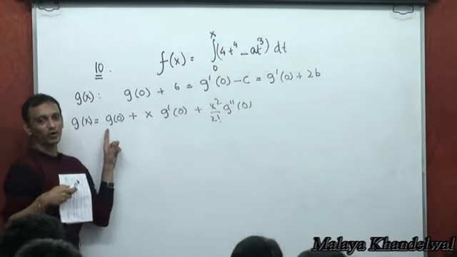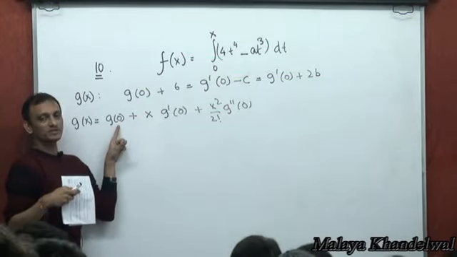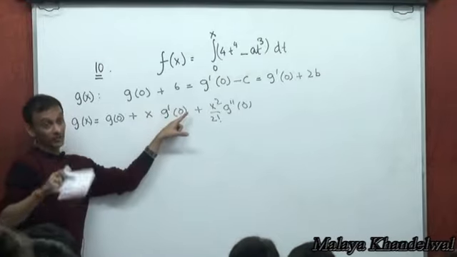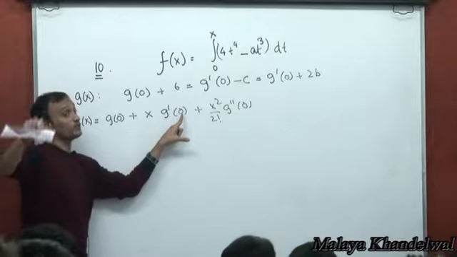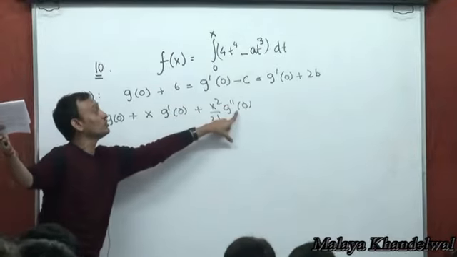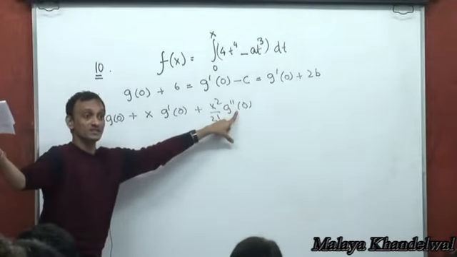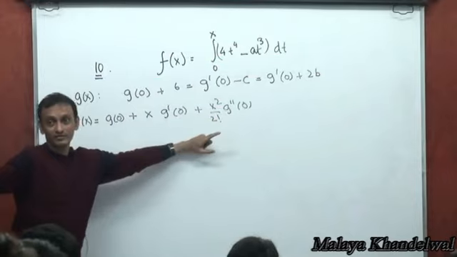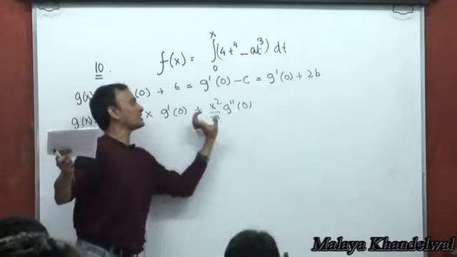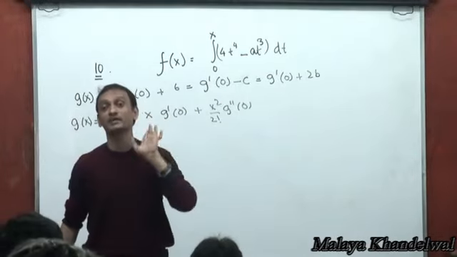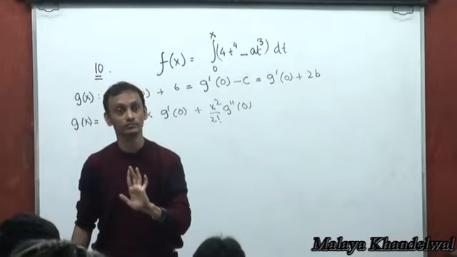If g(x) is a quadratic polynomial, the constant term must be g(0). When you differentiate that, you get this, and put x equal to 0, you get this. When you differentiate twice and you put x equal to 0, then you get the coefficient of this. Yes or no? Do you realize this? Any quadratic polynomial can be written as g(0) plus x g dash 0 plus x square by 2 factorial g double dash 0. Yes or no?